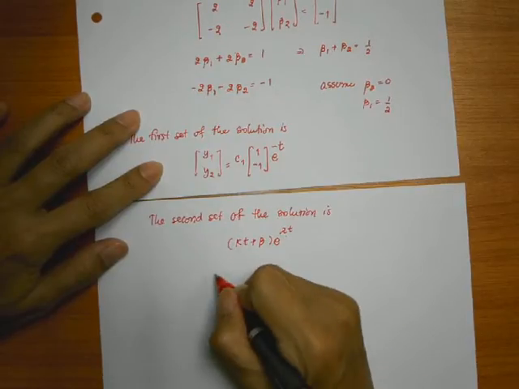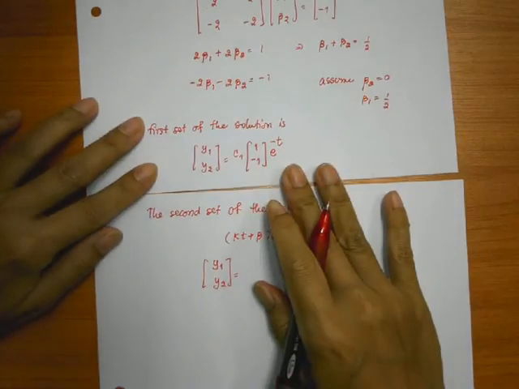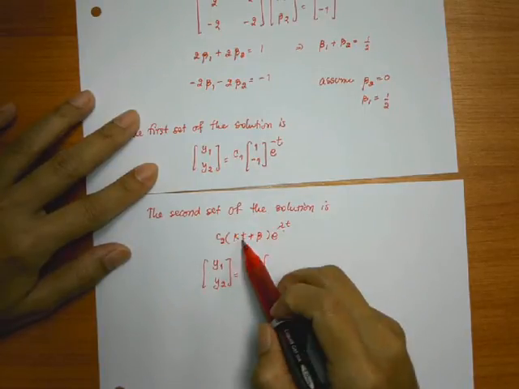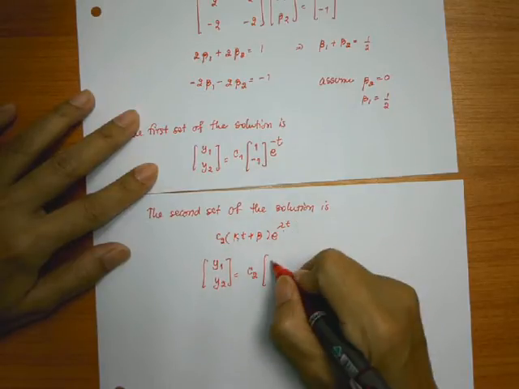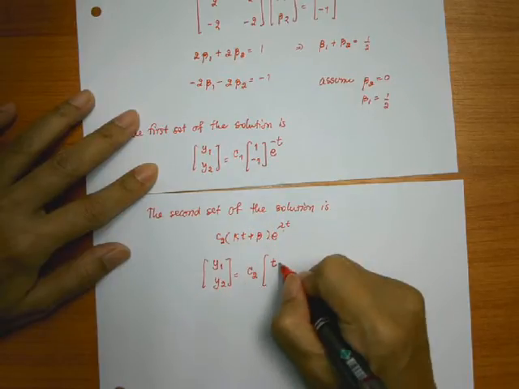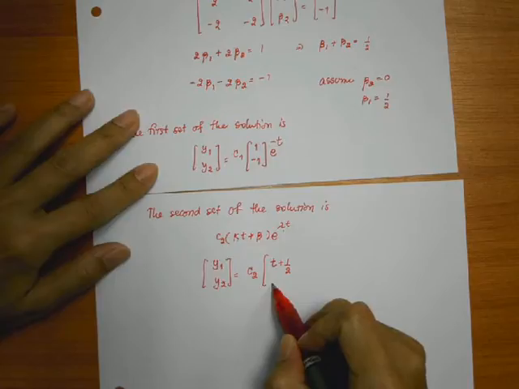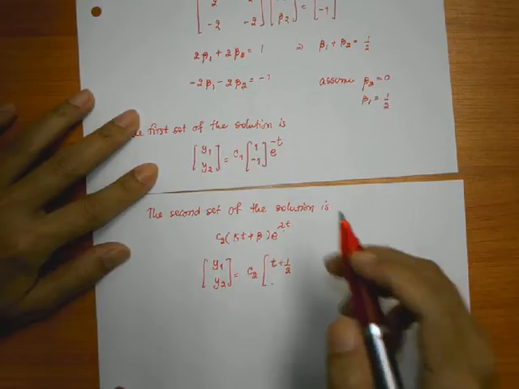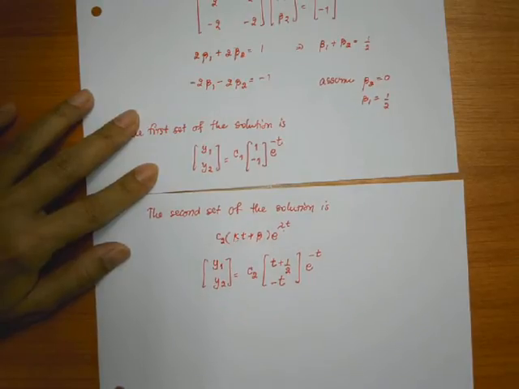So now the second set, y1, y2, is equal to c2 times k1 t plus beta 1. K1 is equal to 1, so we get t, and this is beta 1, which is equal to 1 half. This k is k2, K2 is equal to minus 1, and beta 2 is equal to 0. So we get minus t. That is our second set.